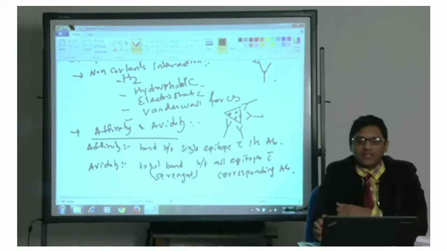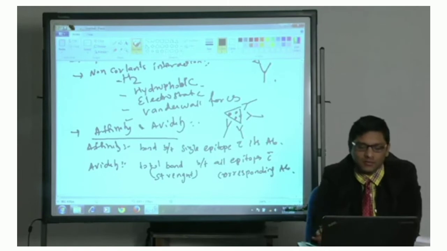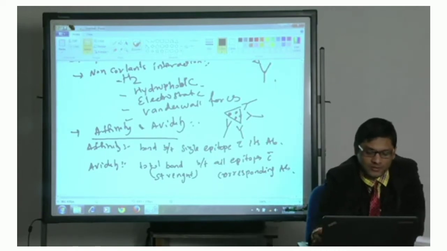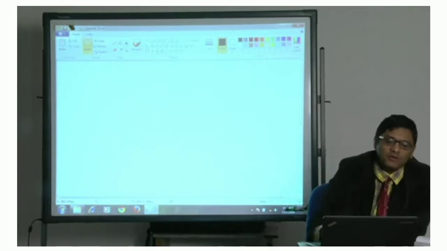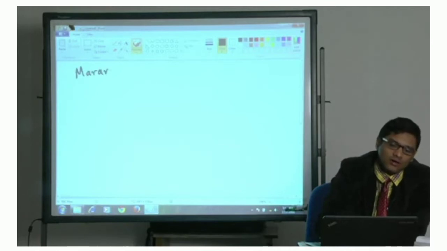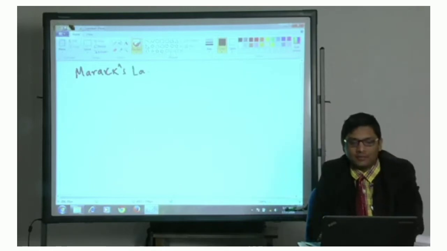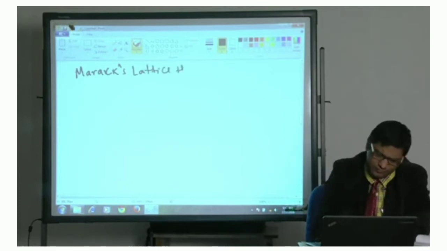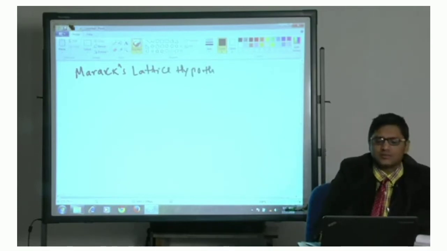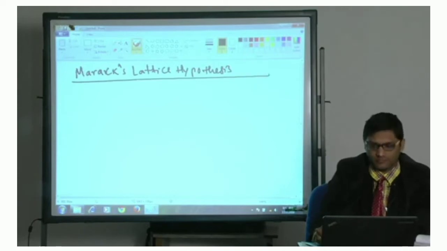So this is the difference between affinity and avidity. Affinity is the strength between a single epitope and its antibody, whereas avidity is the total bond between all the epitopes and their corresponding antibodies. And one more principle of antigen-antibody reaction is that they work on Marrack's lattice hypothesis. What is the lattice hypothesis?